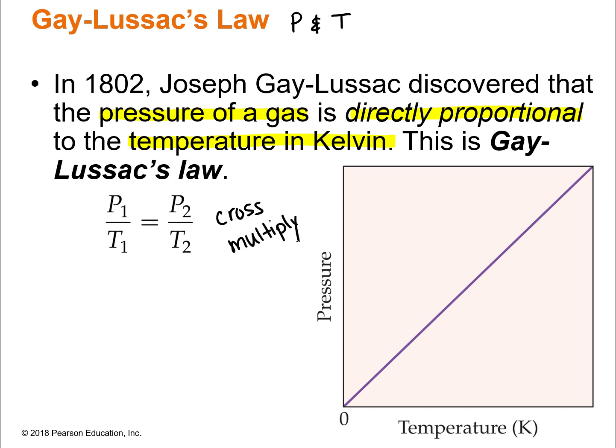You'll want to cross multiply first for this one as well, and then you can solve for whichever variable you need to, or just substitute your numbers and do it that way. So Charles's law and Gay-Lussac's law, very similar. You treat them similarly.